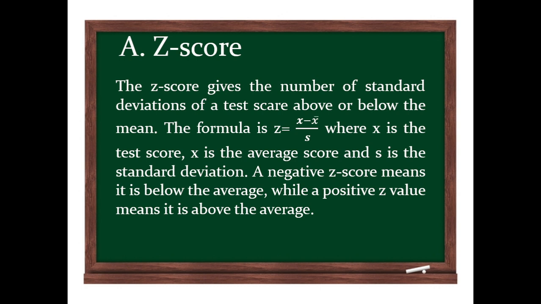The formula of z-score: z is equal to x minus x-bar all over s, where x is the score, x-bar is the average score, and s is the standard deviation. A negative z-score means it is below the average, while a positive z value means it is above the average.